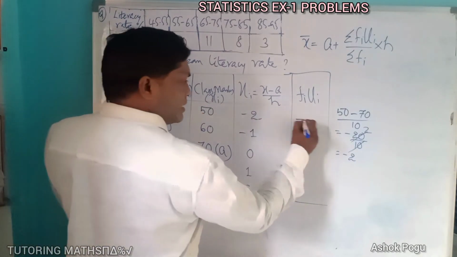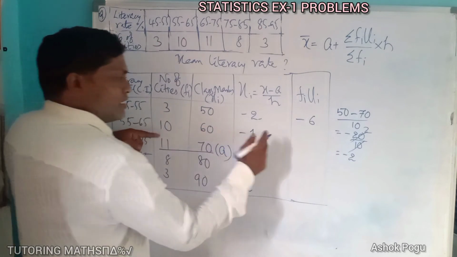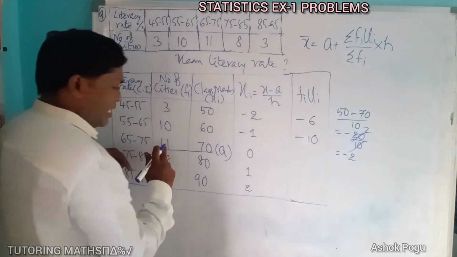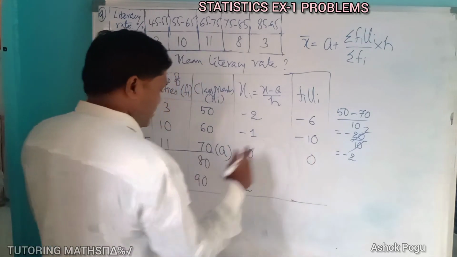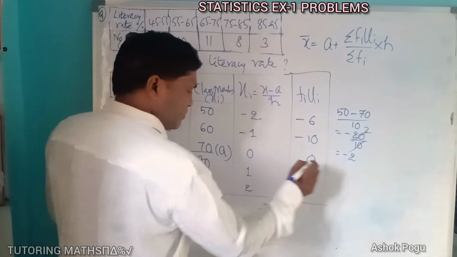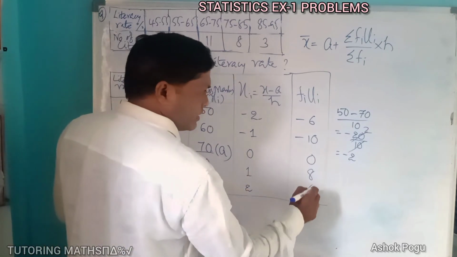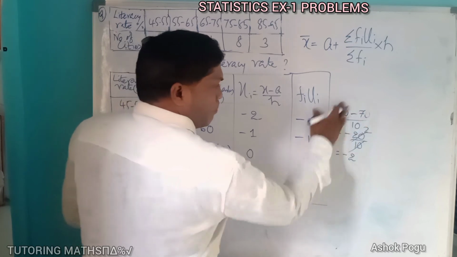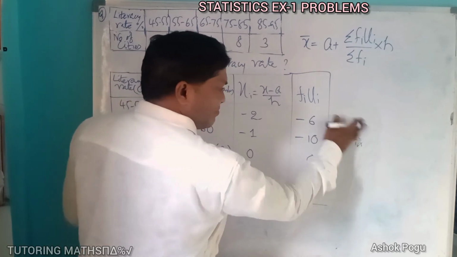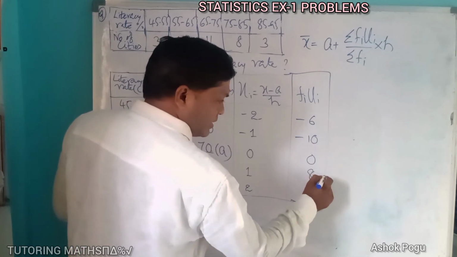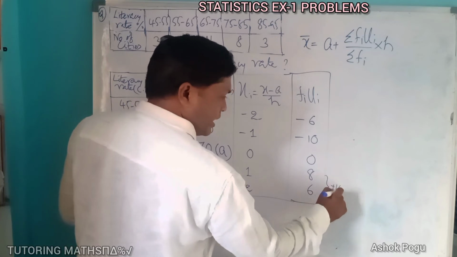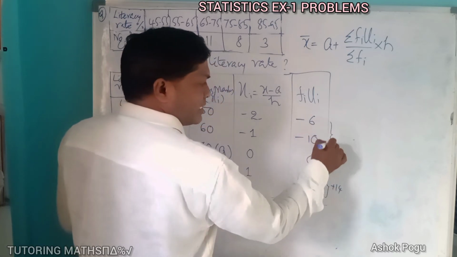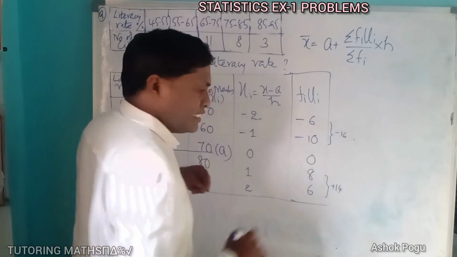Now find FI into UI, that is frequency and UI. 3 2s are 6, minus 6; 10 1s are 10, minus 10; 11 0s are 0; 8 1s are 8; and 3 2s are 6. First find the positive values, then the negative values. 8 plus 6 is plus 14; minus 10 minus 6 is minus 16.